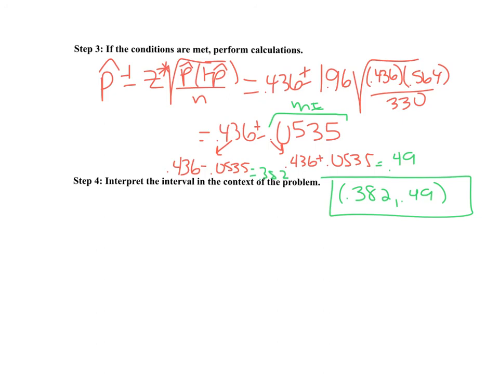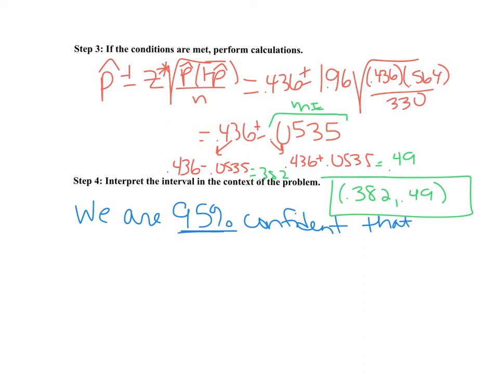So we do need to write an interpretation of this. And the AP statistics test, they don't want you to be creative about the interpretation. They want you to say something along these lines. So you're going to say something along the lines of, we are 95% confident. So you're always going to use whatever confidence level they give you.